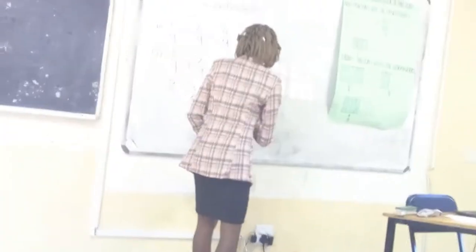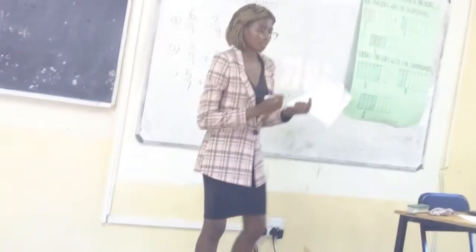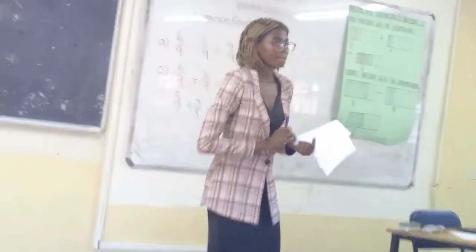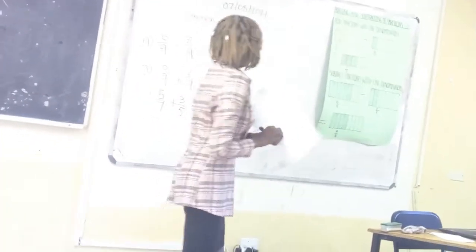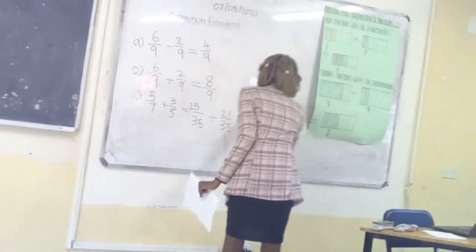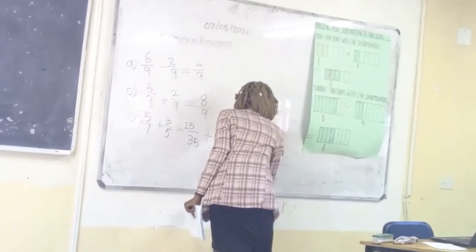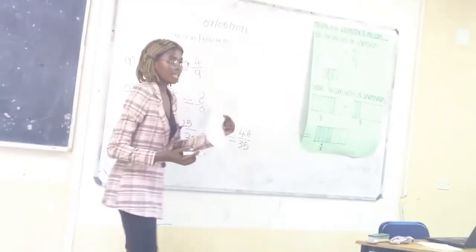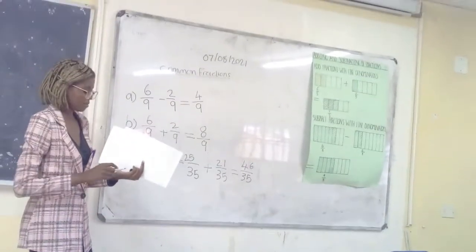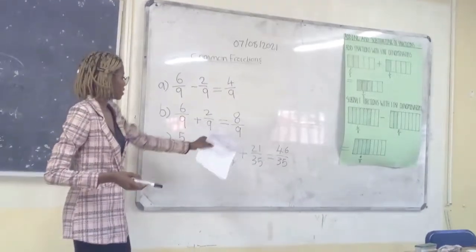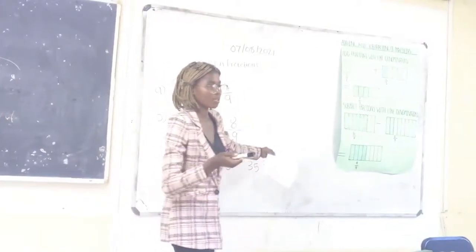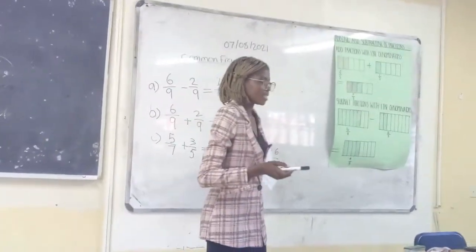So now that the denominators are the same, we simply add the numerators. 25 plus 21 is equal to what? 46. When you see a number like this, what do you call these numbers? Does anyone know anything about such a number?